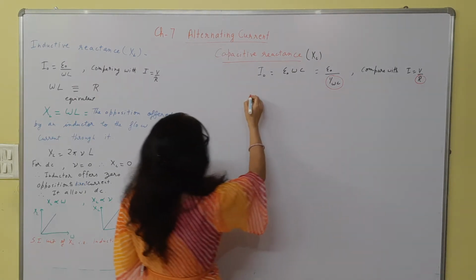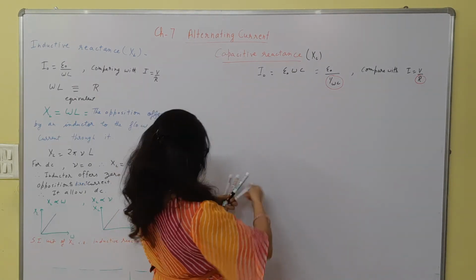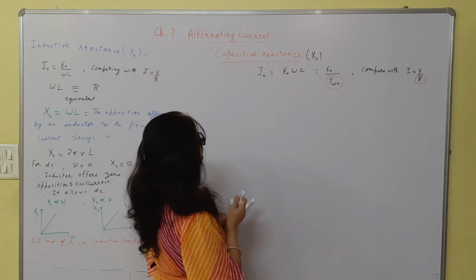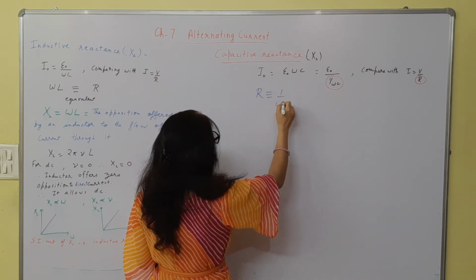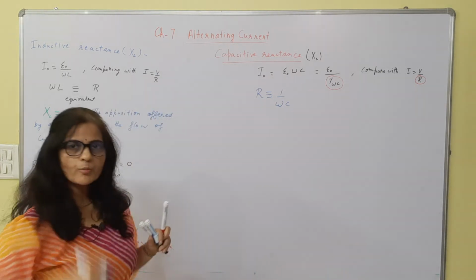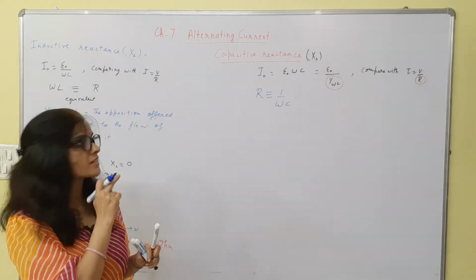So I can write that R is equivalent to 1 by omega C. So 1 by omega C behaves in the same way as the resistor behaves.